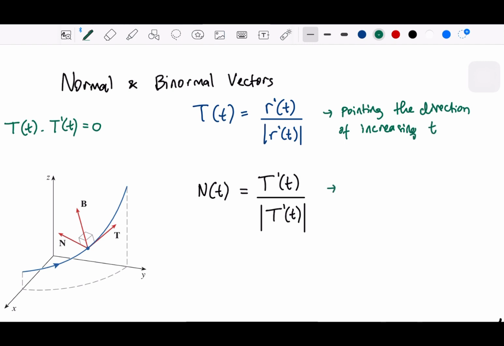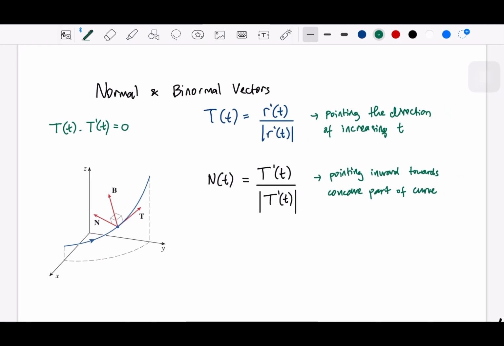And this N is pointing inwards, towards the concave part of the curve. Which means that if you look at the graph on the left side, if we increase t, the unit tangent vector is pointing in the direction of increasing t.